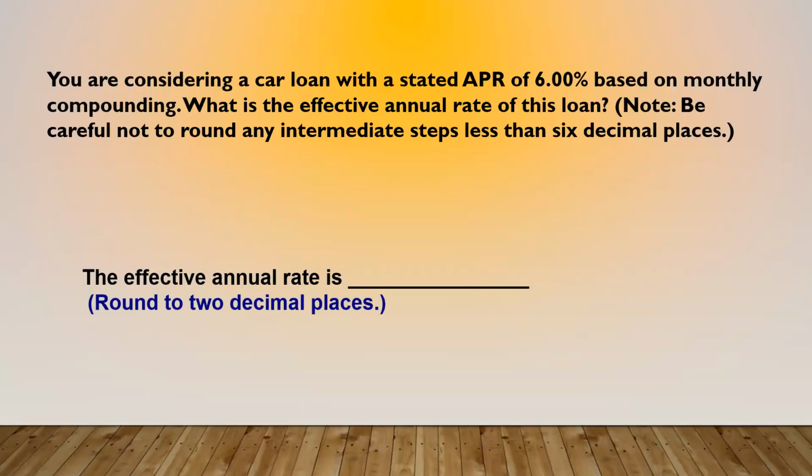Okay, we have a problem here, and this is a problem from the homework assignment. You are considering a car loan with a stated APR of 6% based on monthly compounding. What is the effective annual rate of this loan?